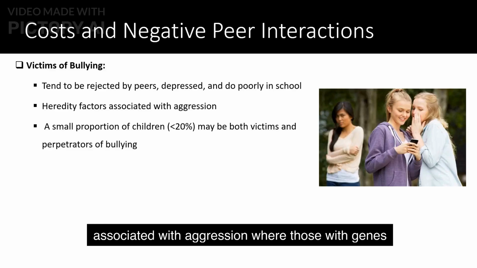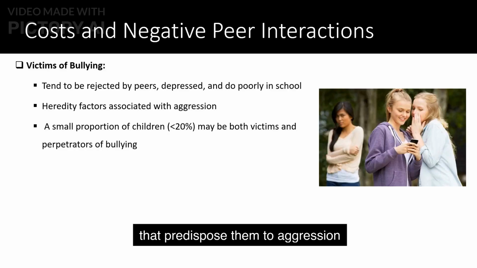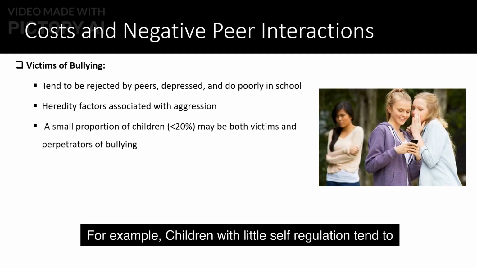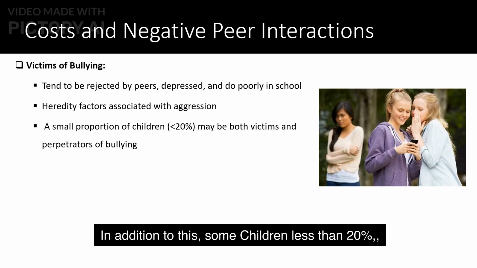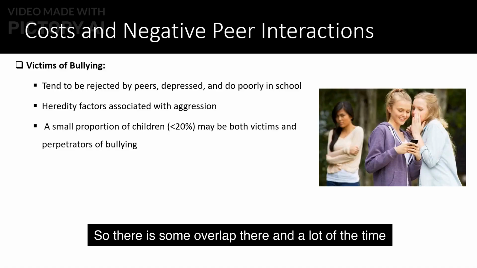There also seems to be some heredity factors associated with aggression, where those with genes that predispose them to aggression lead them to also be victims. For example, children with little self-regulation tend to be both aggressive and victims of bullying. In addition to this, some children, less than 20%, may be both victims and perpetrators of bullying, so there is some overlap there.